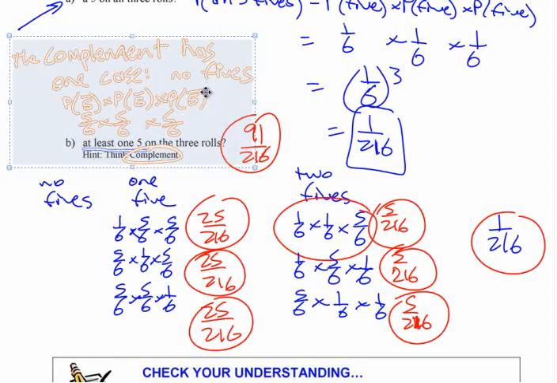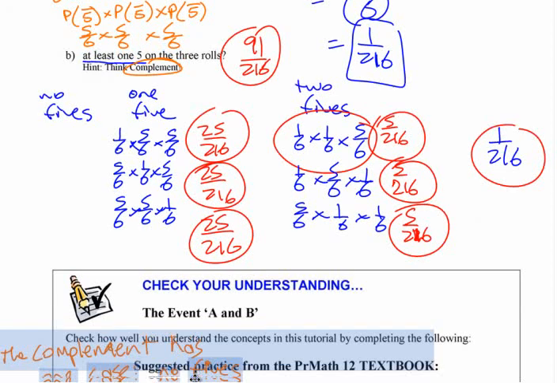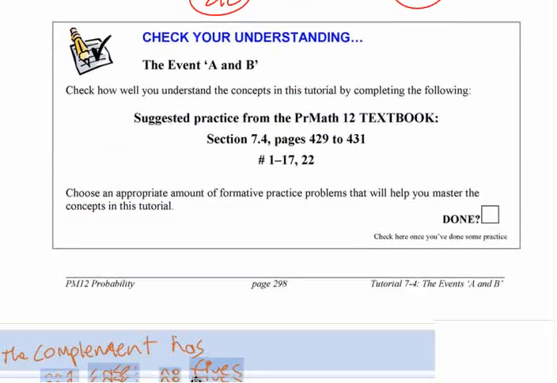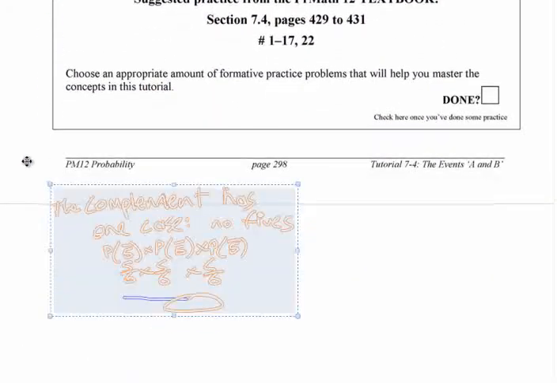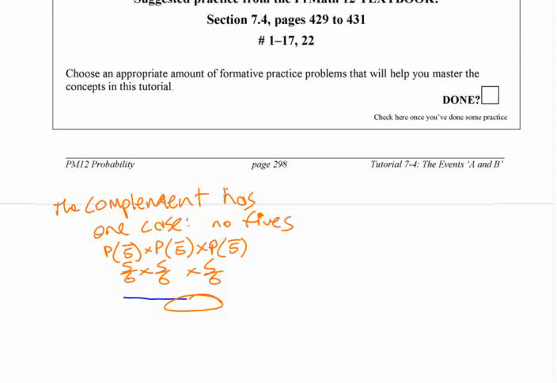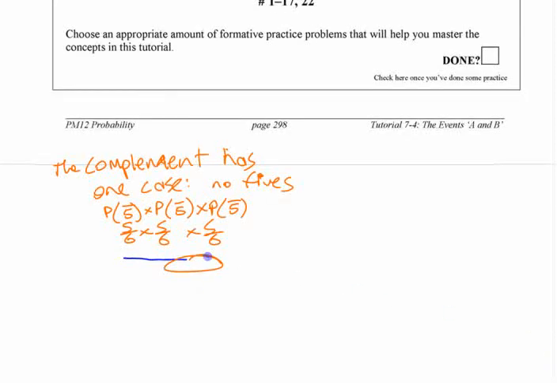If you work out the chance for that, the chance of getting no 5s at all, that's a lot quicker and easier. That gives you 5/6 times 5/6 times 5/6, which is 125 out of 216. This is the chance of no 5s.